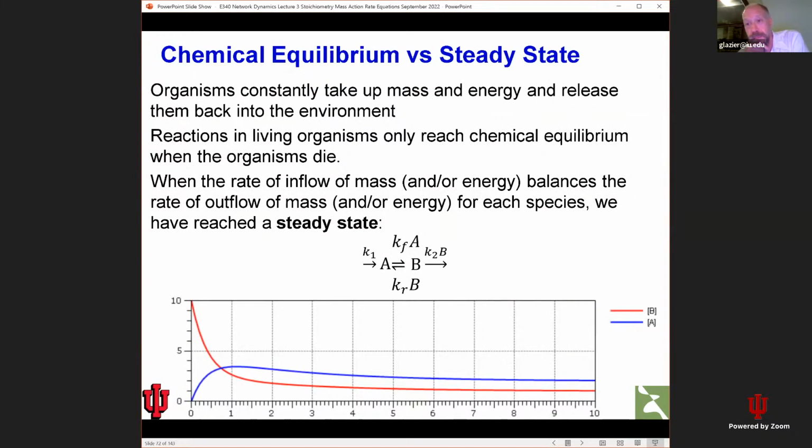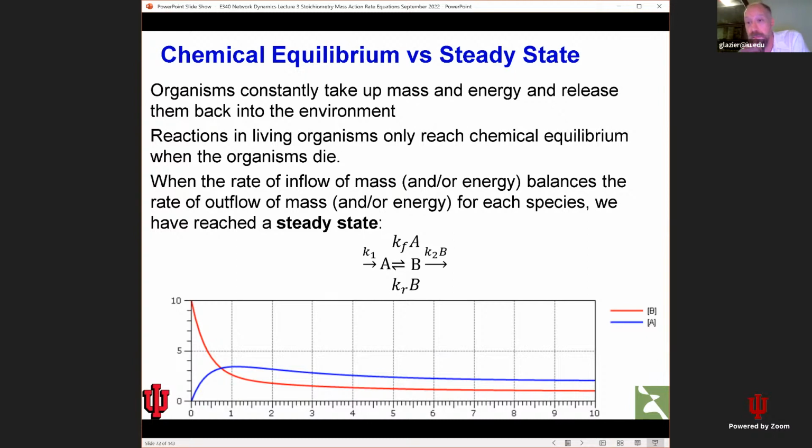Now, there's a famous saying that the only chemical equilibrium that matters in biology is death. Organisms, when they're alive, continually take up mass and energy and release it back into the environment. So living organisms are never in chemical equilibrium.